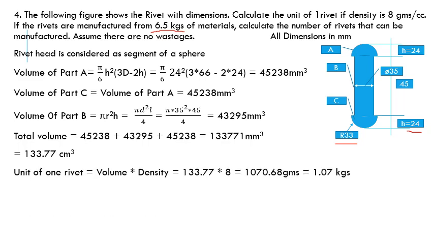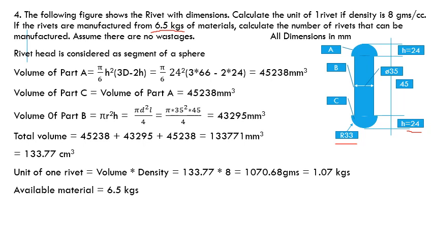And the weight of one rivet, again we can very easily estimate it as volume into density, that is 133.77 into 8 grams per cc. That was already given in the problem. So it comes out to be 1070.68 grams, that is equal to 1.07 kgs. That is the total weight of the rivet. Then the available material is 6.5 kg.